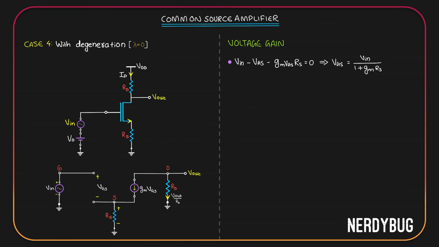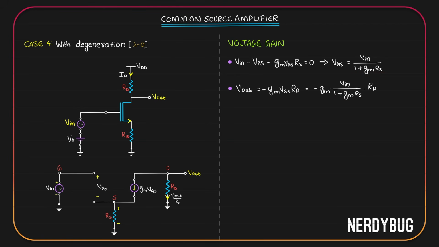According to Kirchhoff's current law, the sum should be equal to 0. That means GM-VGS plus V out by RD should be equal to 0. Then we can write V out should be negative of GM-VGS RD. But what is VGS? It is V in divided by 1 plus GMRS. Let us replace it with that.